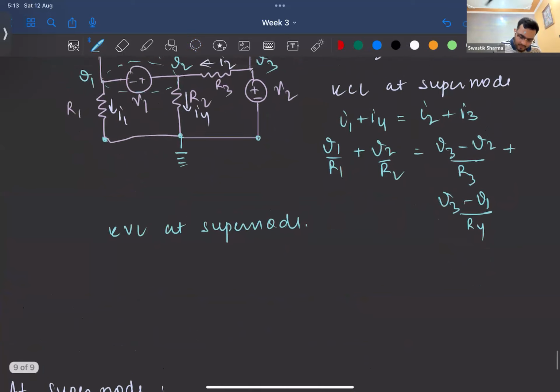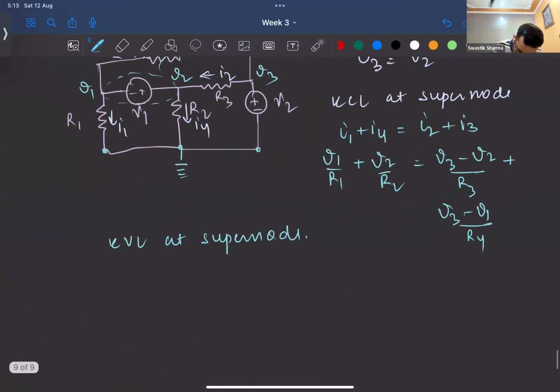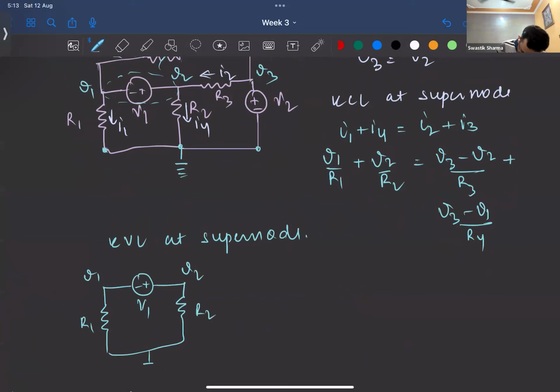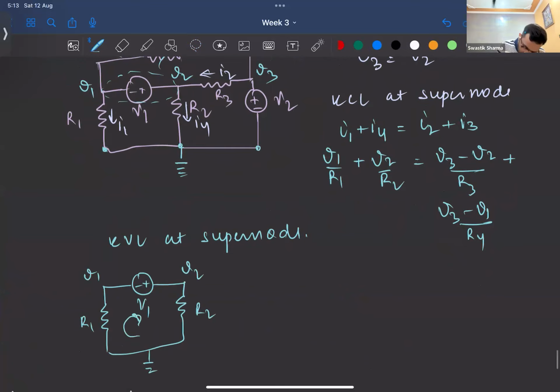So how do we apply KVL? Let's rewrite the supernode. It's like this, right? This is V1, this is V2, this is capital V1, this is R1, this is R2, and this is connected to reference. So let's apply KVL.